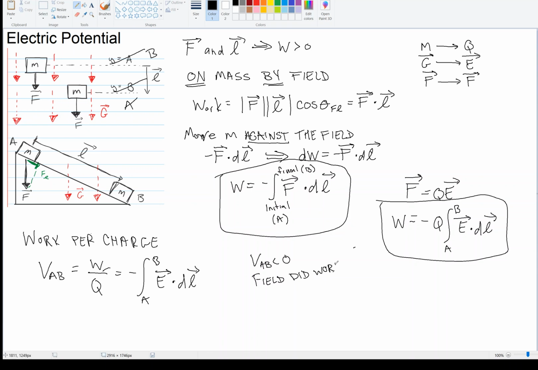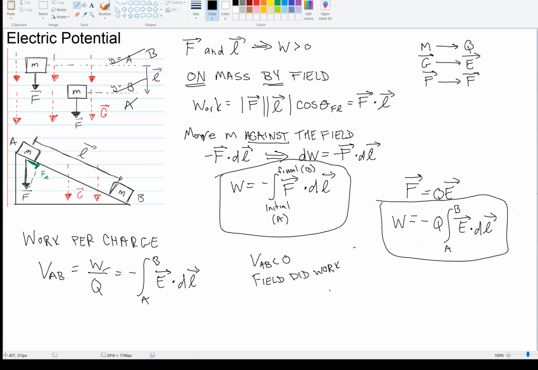Remember, this V or this W is the work done by an external agent. So if you find that that's negative, well, it wasn't the external agent that did the work. It was the field that did the work. So in this case, you would find negative work because it's the field that's doing the work. You're not lifting something down. That doesn't make any sense, right?